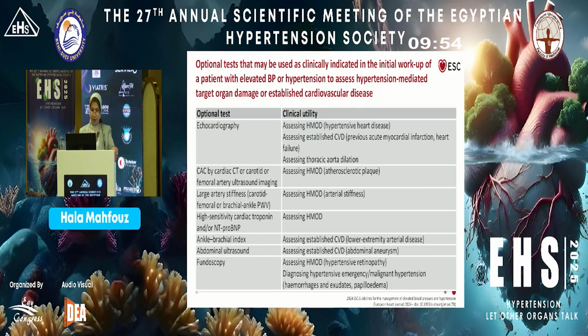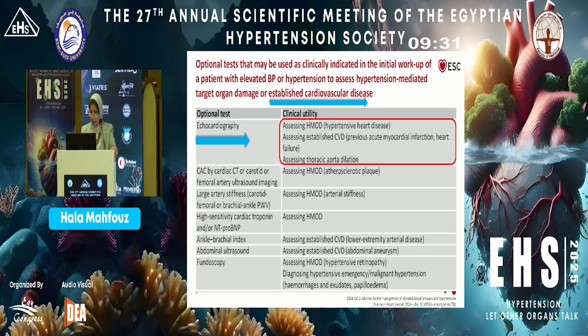Again, echocardiography was placed on top of the list of optional tests clinically indicated in the initial workup of patients with elevated blood pressure or hypertension to assess hypertension-mediated target organ damage. So its clinical utility is the detection of end organ damage, especially in the cardiovascular system.